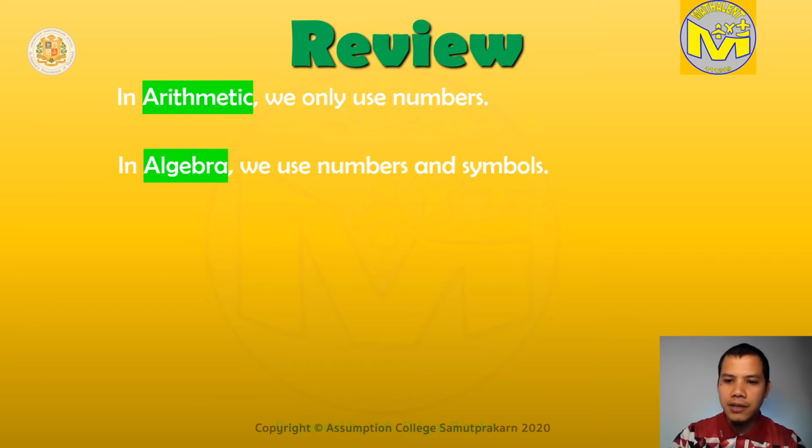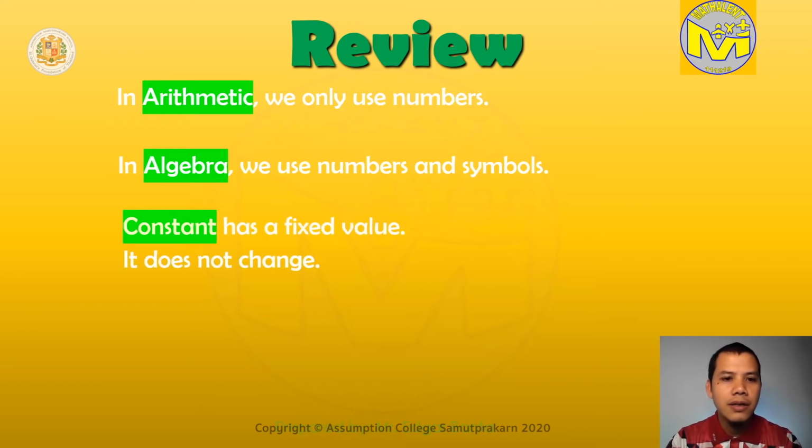That is algebra. Next, in algebra we have constants. A constant has a fixed value. It does not change. When you say constants, they are fixed. Numbers are constants. Any number like 5. 5 is always 5. It is fixed. We cannot change that.